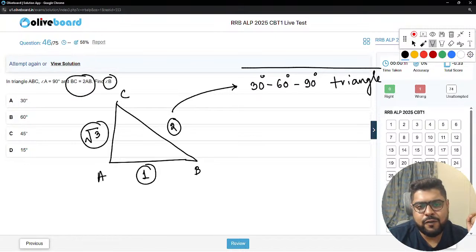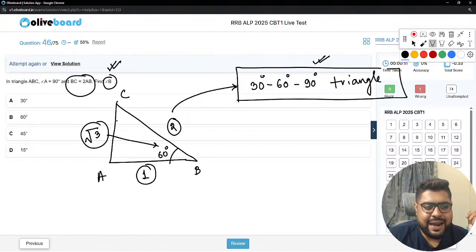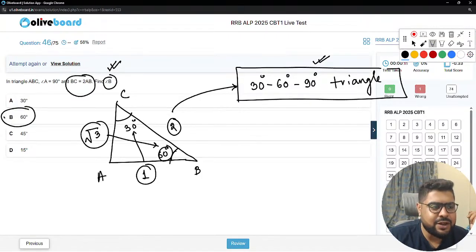The whole of height and distance we have done using this particular technique. So now they are asking angle B. Angle B means opposite to √3, this is always 60 degrees. And this is 30 degrees because it is opposite to 1. So they are asking this angle. The answer will be, sir, option B, 60 degrees.